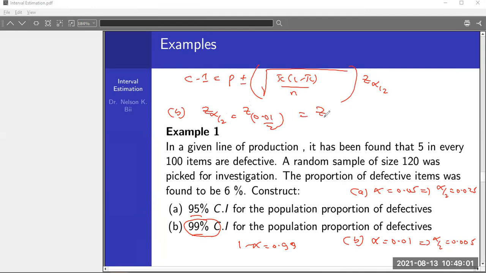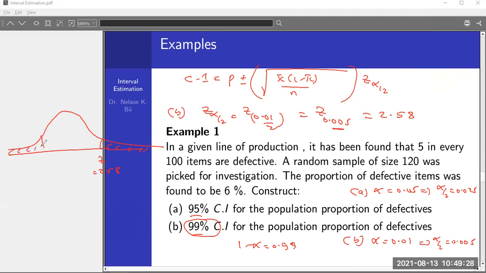That is z at 0.005. So what do you get? What's the value of z for which the probability is 0.005? Do you get 2.58? Yes. So this is z, which is equal to 2.58.